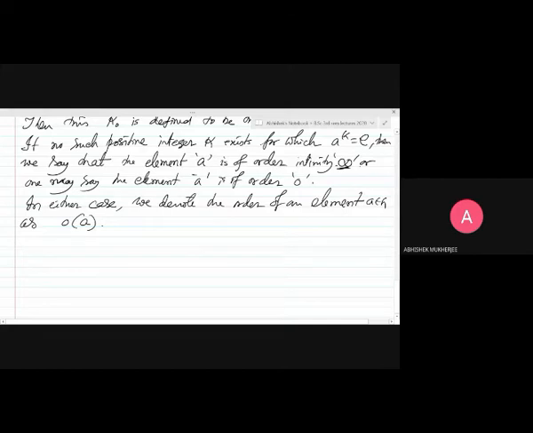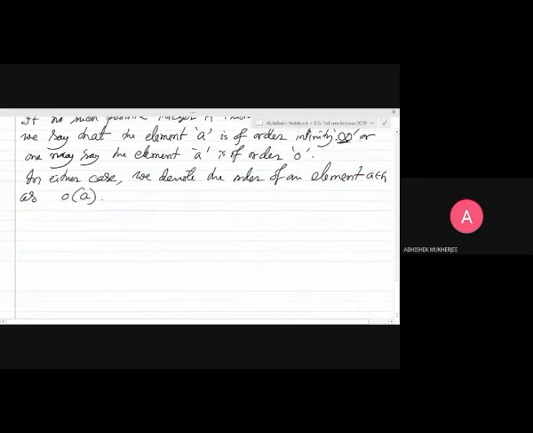And the order of any element means the least positive integer k, if it has one, for which a to the power k is the identity. Otherwise it is of order 0, or one may say that it is of order infinity, if no such positive integer for which a to the power k is the identity exists. So these cases are different things, but there is a relationship between these two.